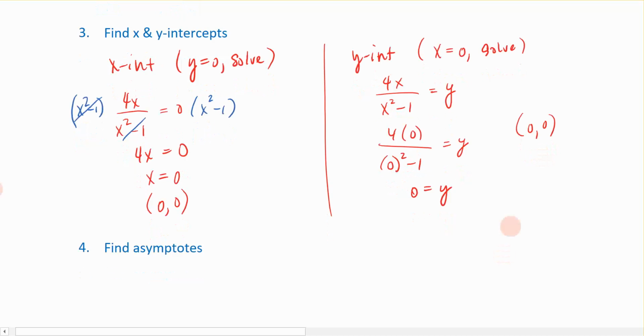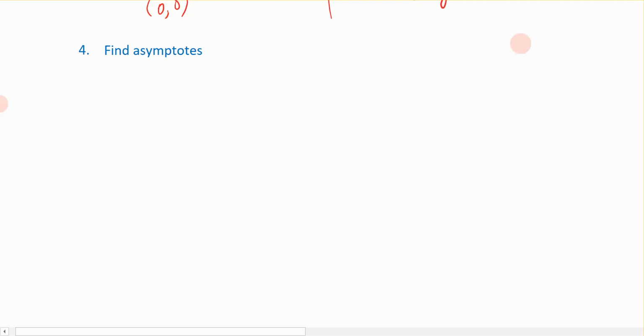The next thing I want to be able to look at are the asymptotes. So remember that we have vertical and horizontal or slant asymptotes. So my vertical asymptotes occur when the denominator is equal to 0. So again, I have the function 4x divided by x squared minus 1.